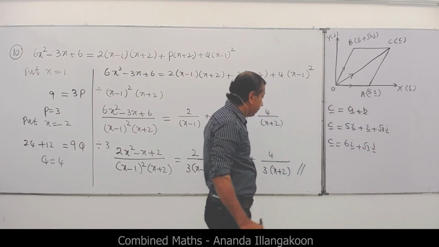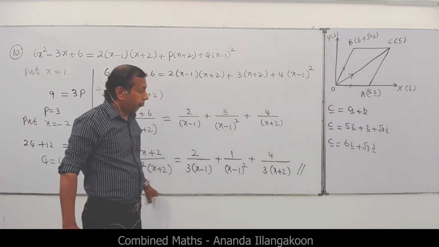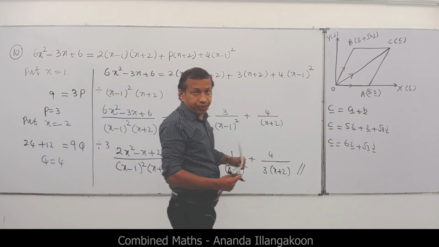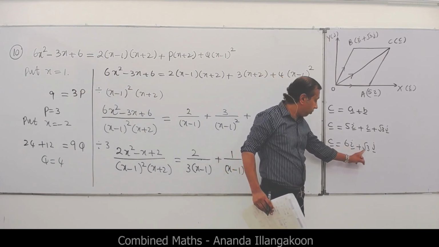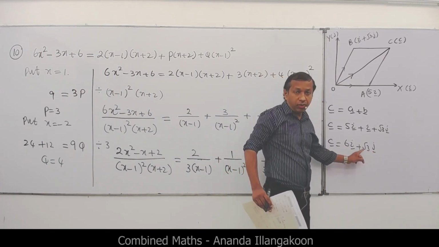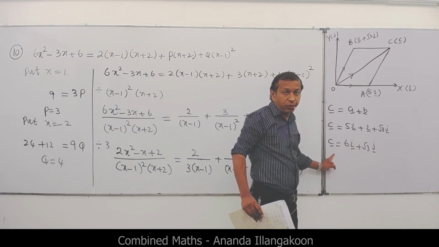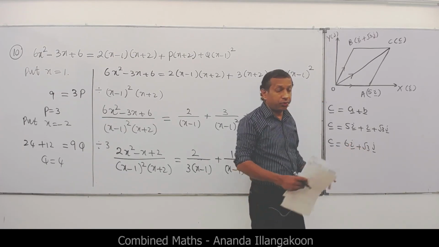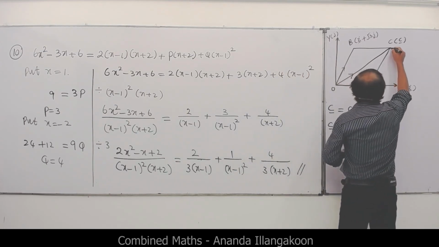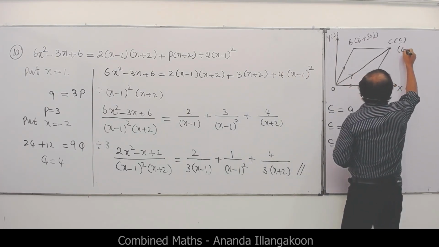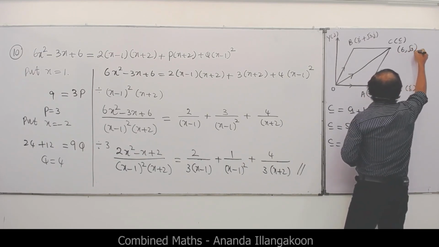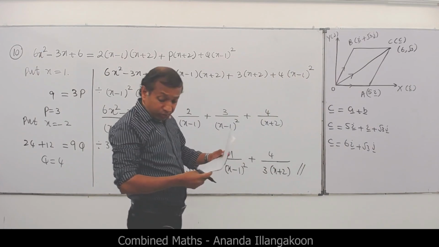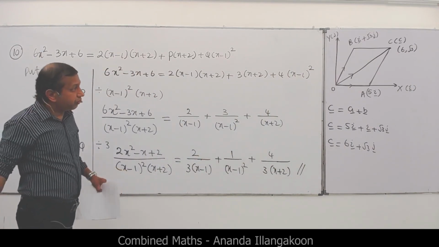This is the vector C. People, you can very clearly understand position vector of C, 6i plus root 3j means the coordinates of the point C are going to be x coordinate 6, y coordinate root 3. 6 here, root 3 here, y coordinate. What is asking? Find mod C, modulus of C.